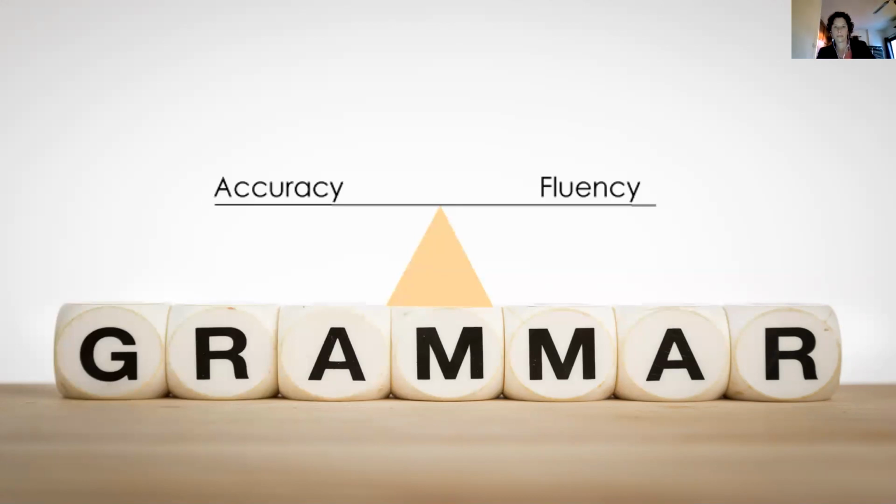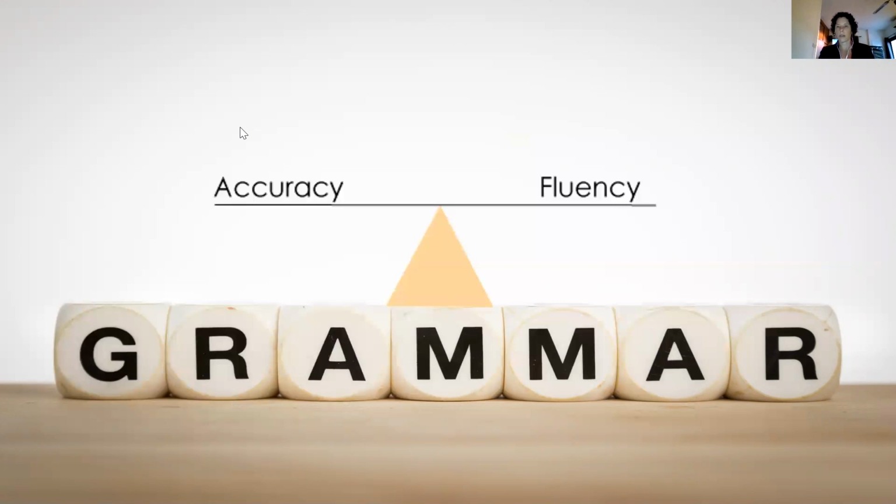Some people had some issues with the last poll, so if you are having any problems, please let us know in the chat box. We'll give it some time. Almost 75% of people have voted. It looks like the majority, about 60%, are at equally important, and 30% at fluency, and 40% at accuracy.